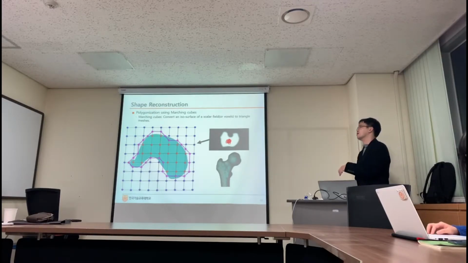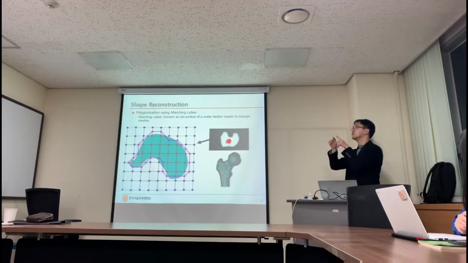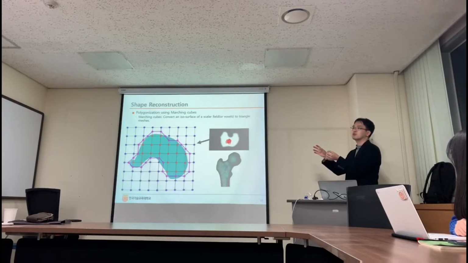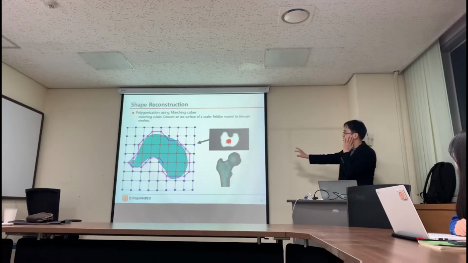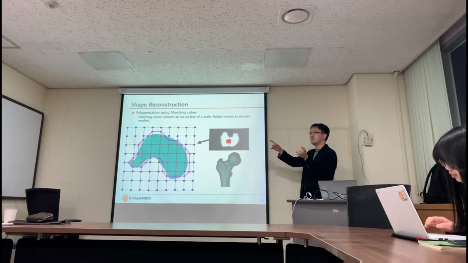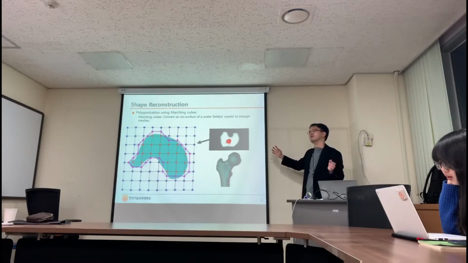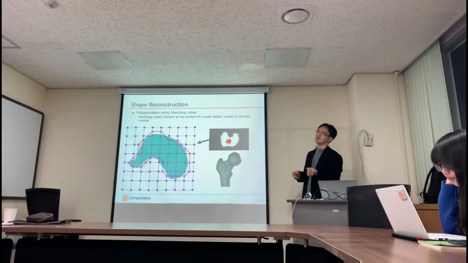There are studies to represent a bone using microstructure, but the microstructure has micrometer units. If we represent its shape using micrometers, it has tons of elements. So I think it is a resource problem.